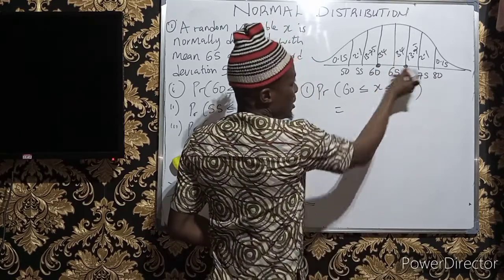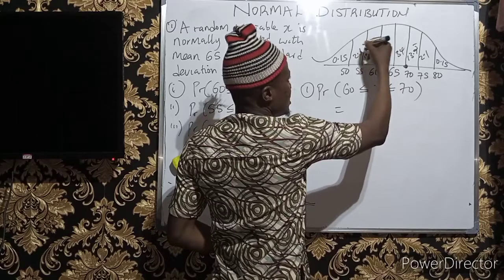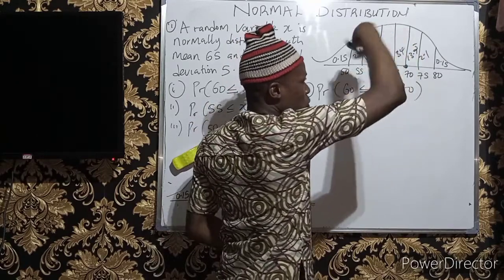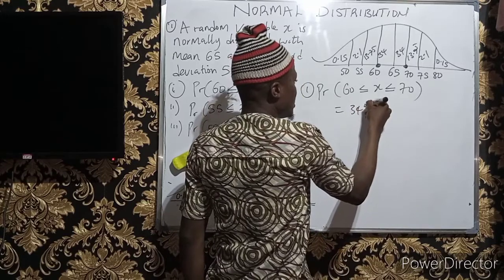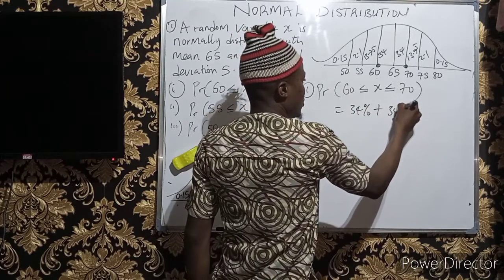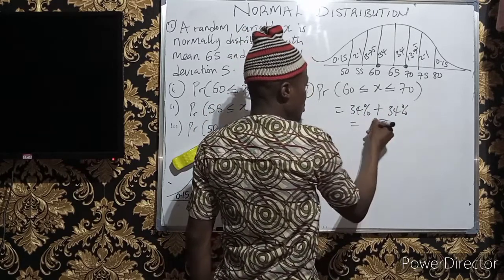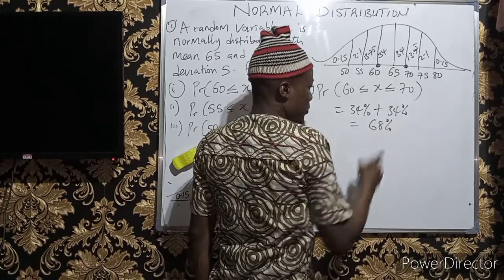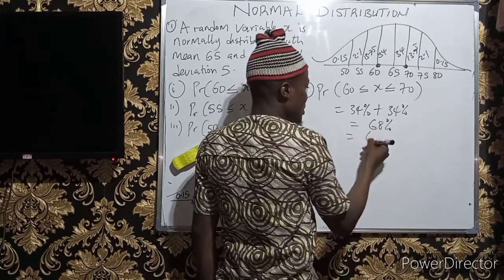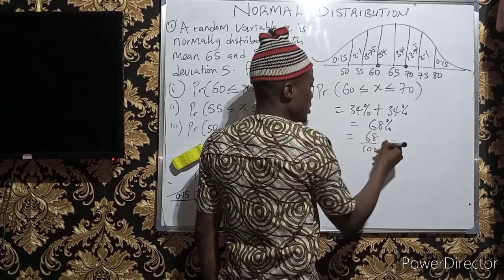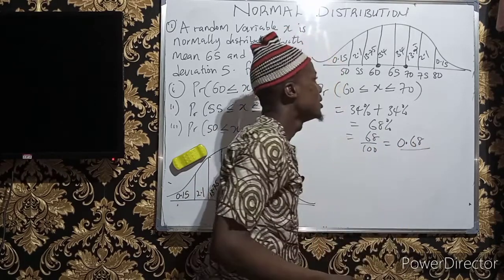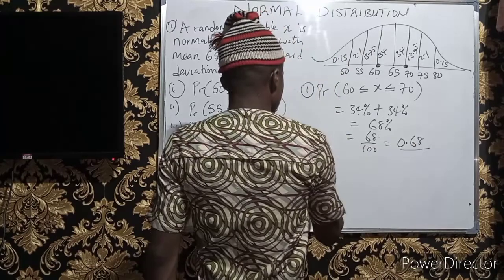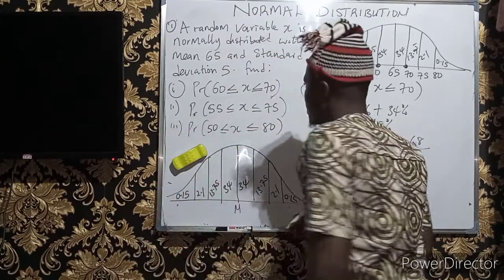Remember, all these things are percentages of the total area, which is 100%. So it will give us 34% plus 34%, which totals to 68%. And 68% means 68 over 100, which is just 0.68. That's the probability, 0.68.